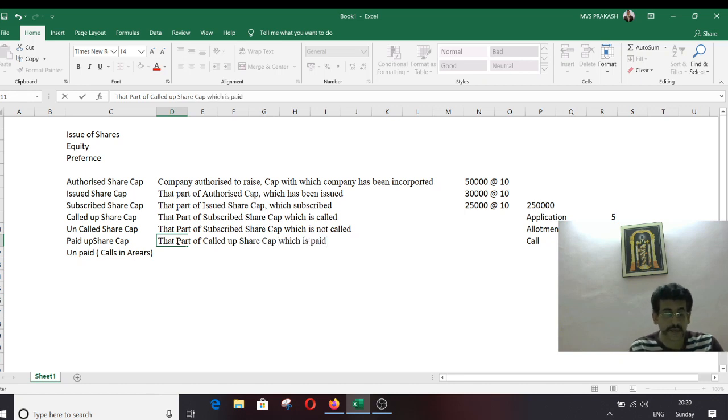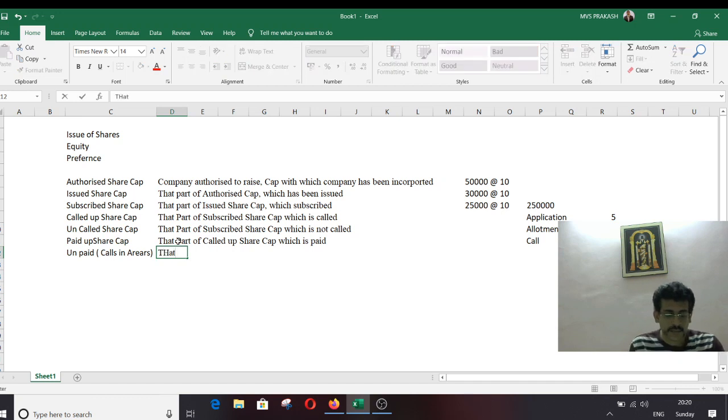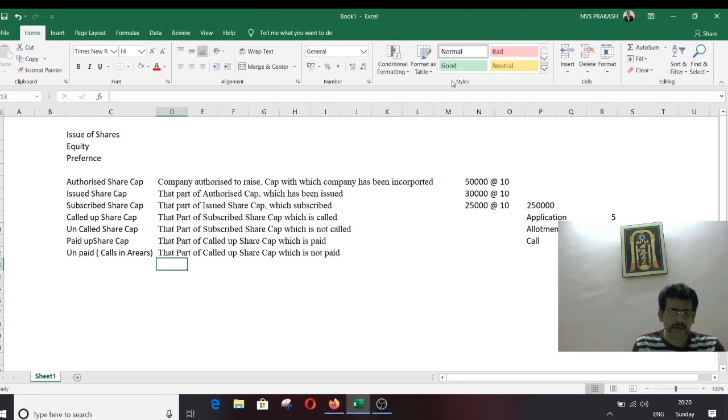Which is paid is something called as paid up share capital. I'm calling 8 rupees. You have paid only 5 rupees. So the 5 rupees will be your paid up share capital. Then what is your unpaid? 3 rupees unpaid. So that part of called up share capital which is not paid is something called as the unpaid share capital. Those are the terms which we need to understand.